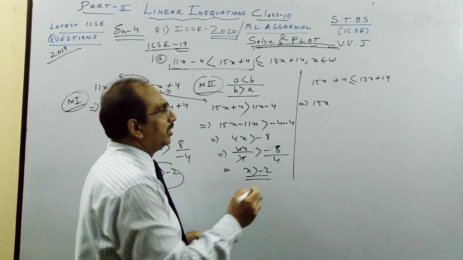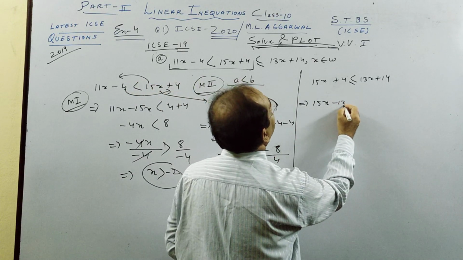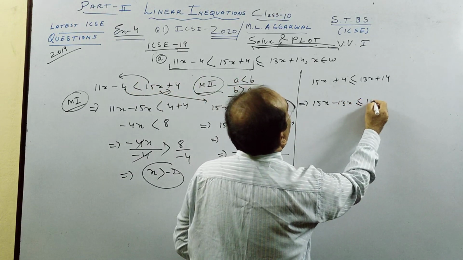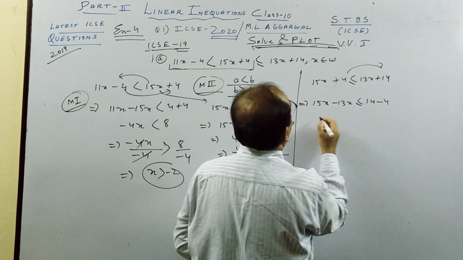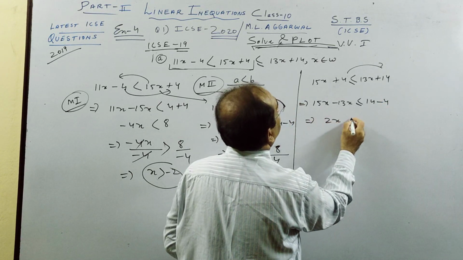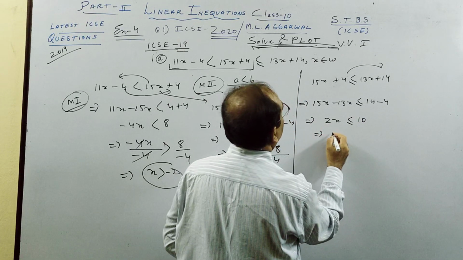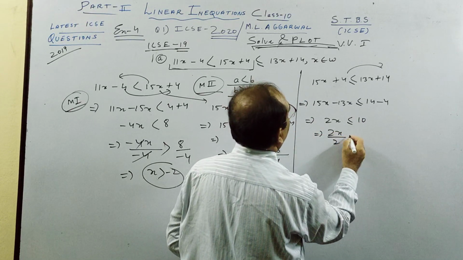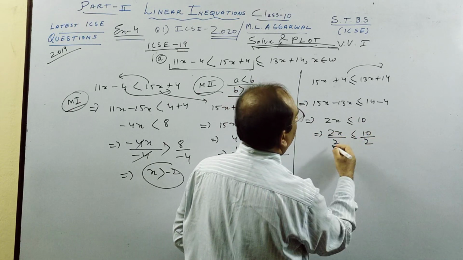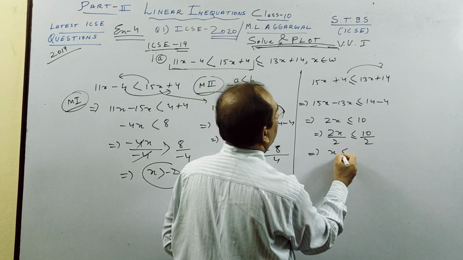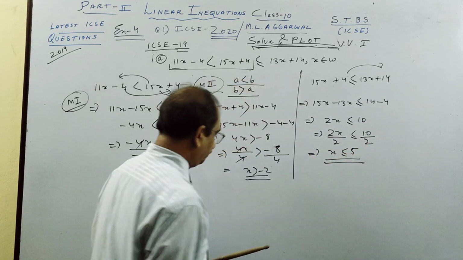Smaller coming towards the bigger, no problem. Then 4 goes there. So here I have 2x is less than or equal to 10. Divide by 2. When you divide by positive, nothing happens. x is less than or equal to 5.